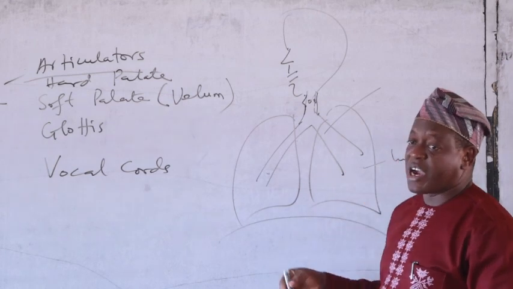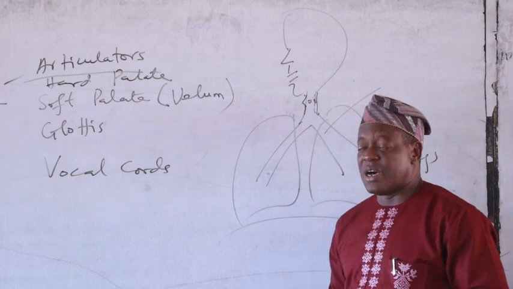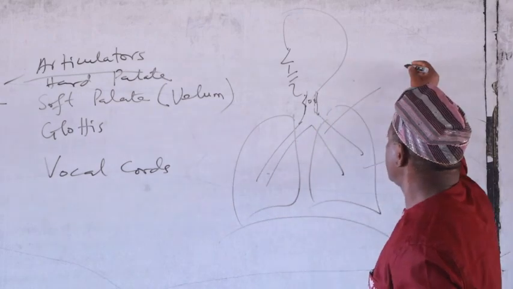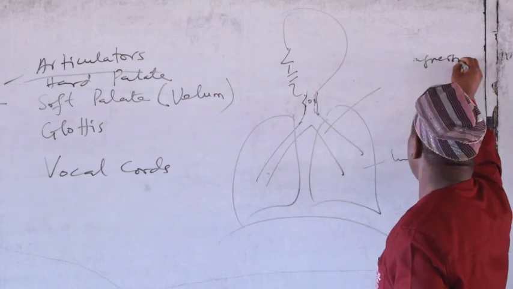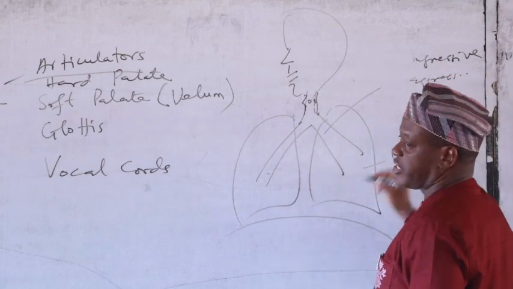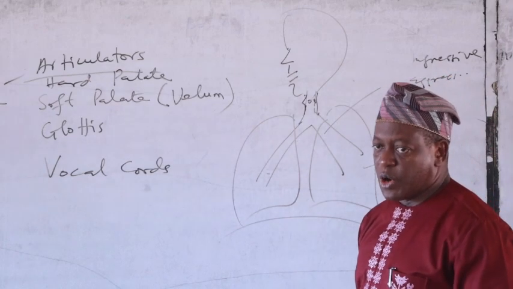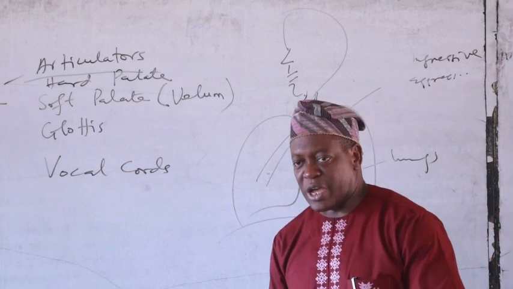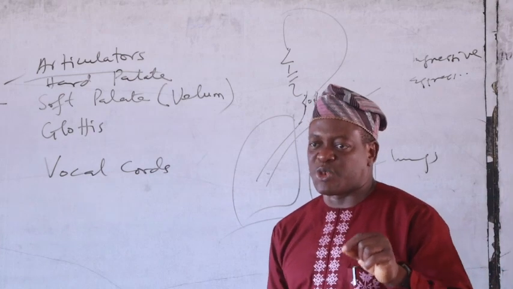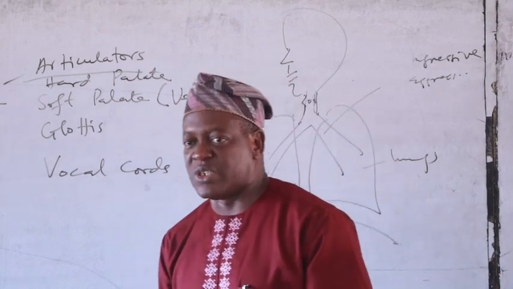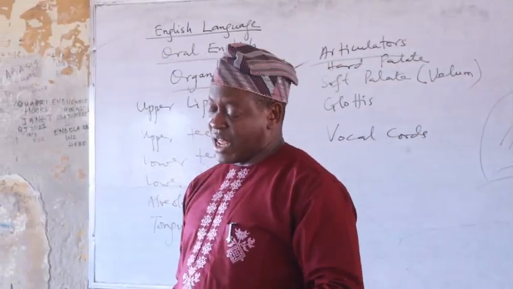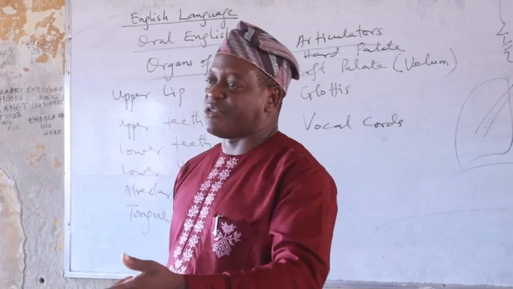The air that comes into the body is called ingressive airstream, while the one that comes out is called egressive airstream. But we need the one that comes in so that we can have the one that will go out. It is the one that goes out that we use for speech sound production in English language, English being an egressive language, like Yoruba.